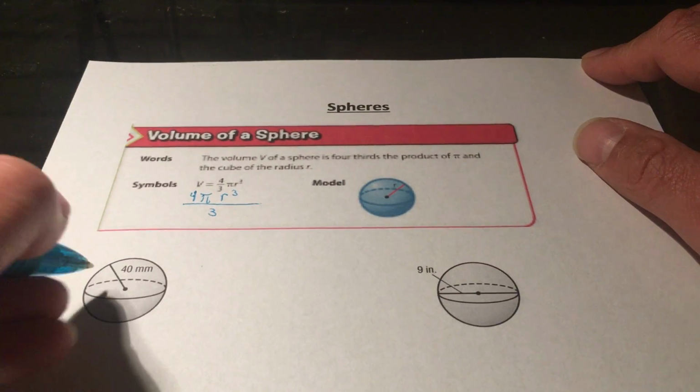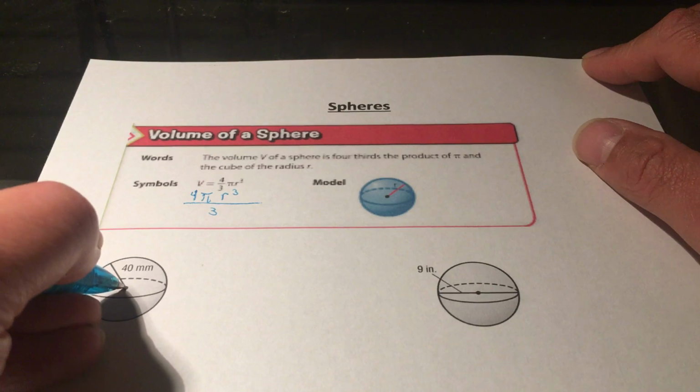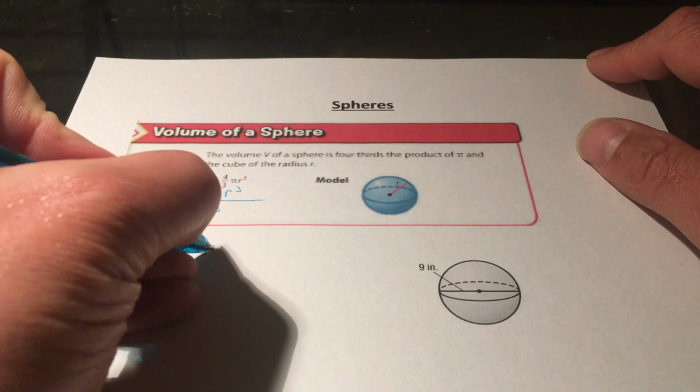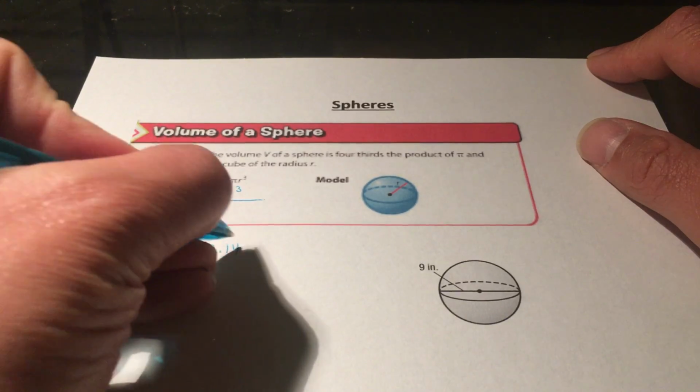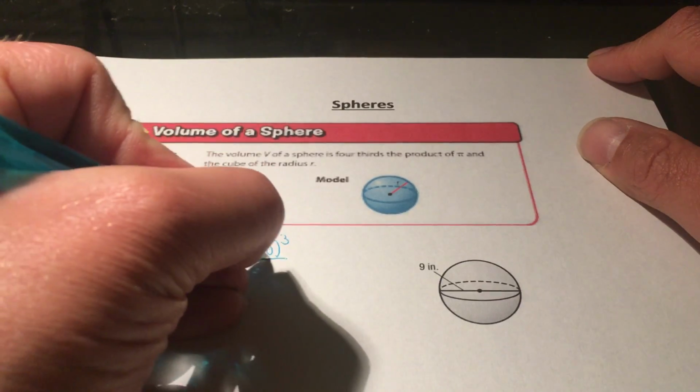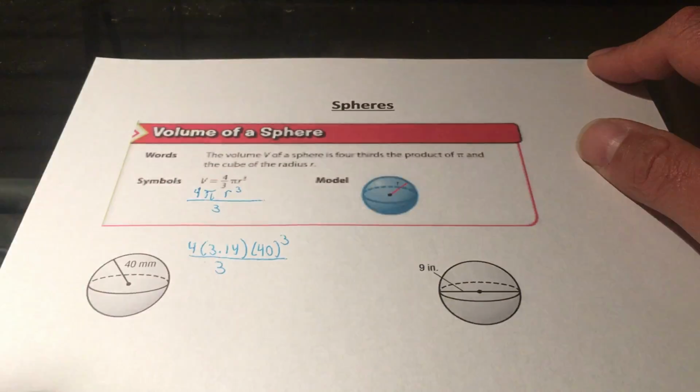So when I come to the first one here, they do give me that radius, which is from the middle to the edge. So I'm going to go 4 times 3.14 times 40 cubed all over 3.